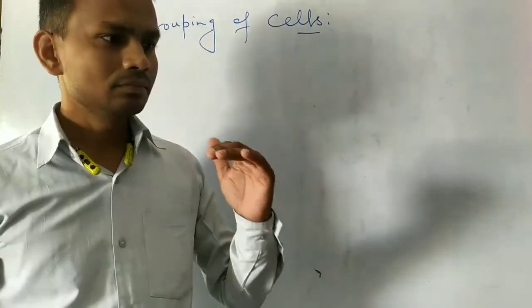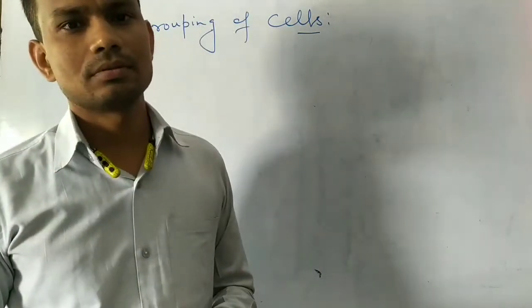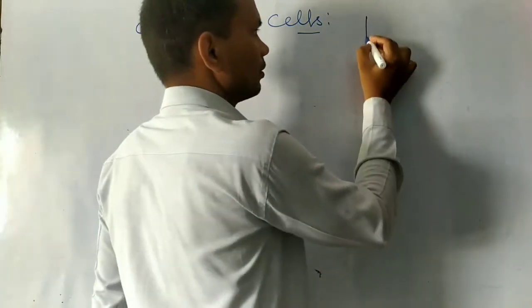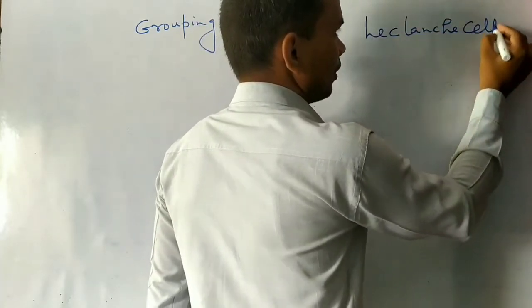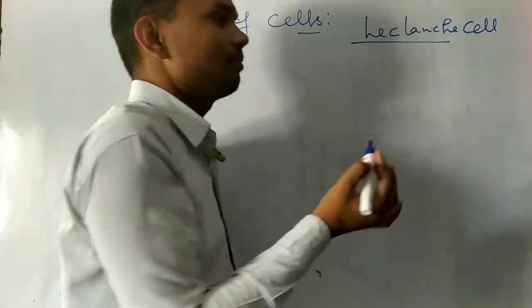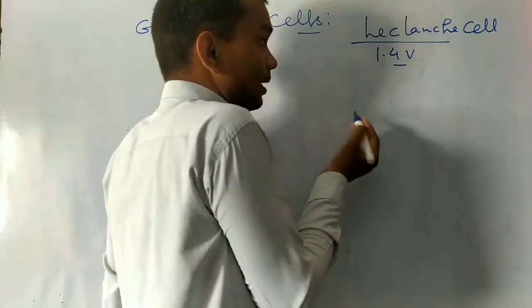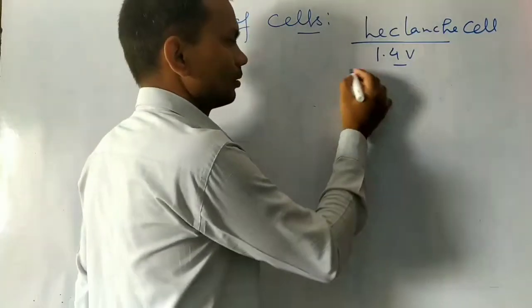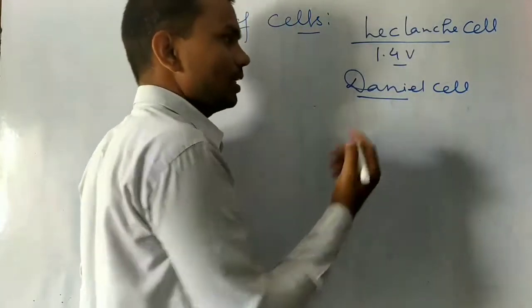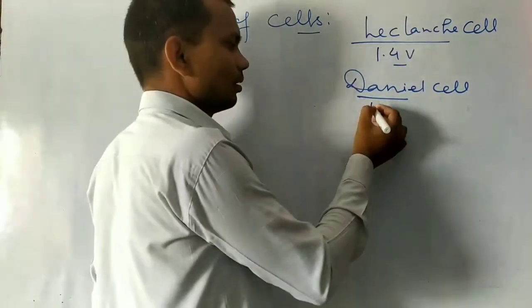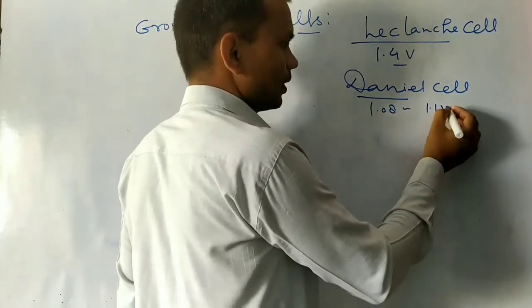In our lab, in general, we are using two types of cells: the Leclanché cell, whose EMF is nearly 1.4 volt, and the Daniell cell, whose EMF is nearly 1.08, or simply 1.1 volt, right?